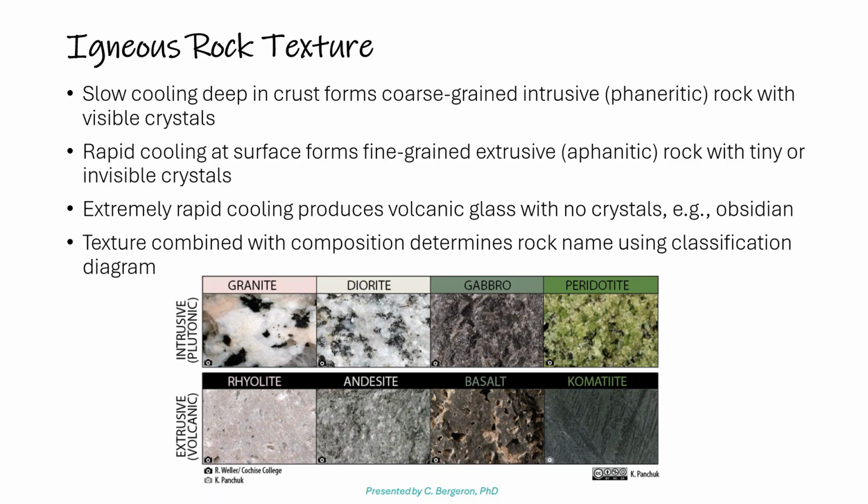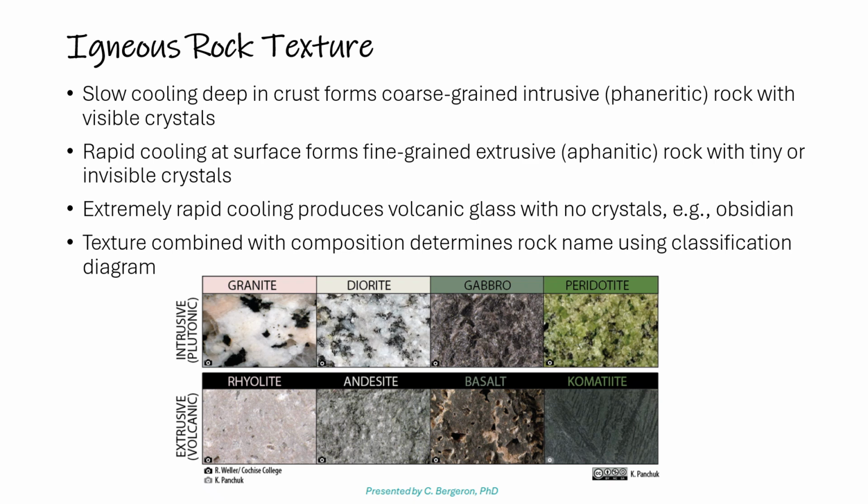But in the example of lava extruding onto the surface or near the surface where it cools very quickly, the igneous rock is called extrusive, or volcanic, and that extrusive rock will have a fine-grained texture, or aphanitic. So you have phaneritic, coarse grain, or aphanitic, fine grain.